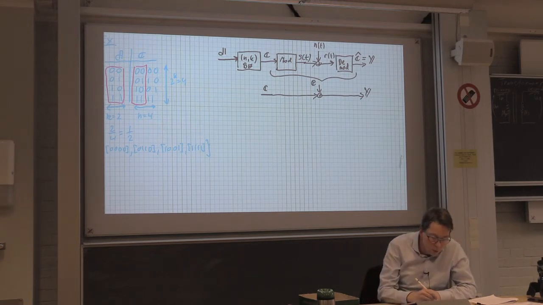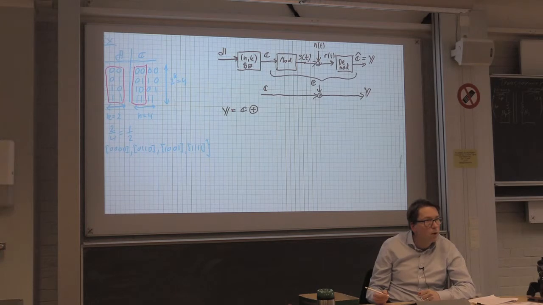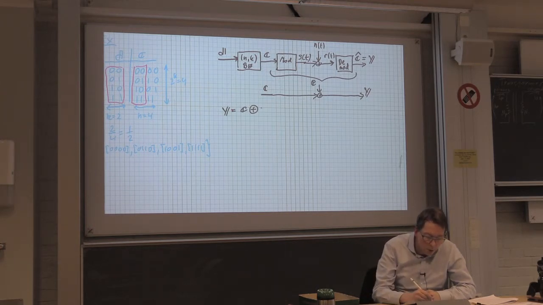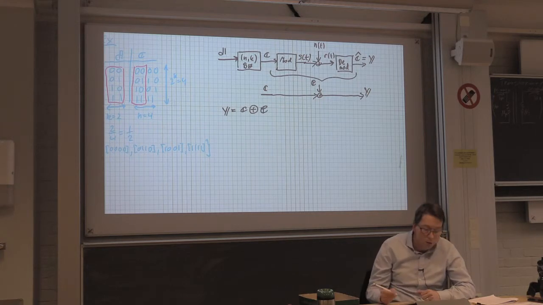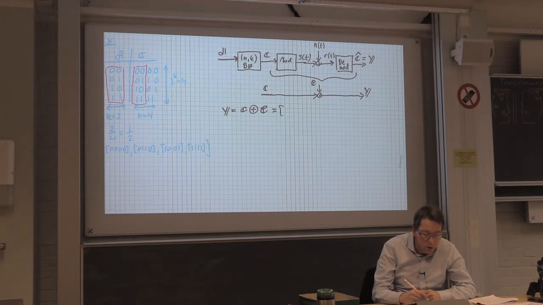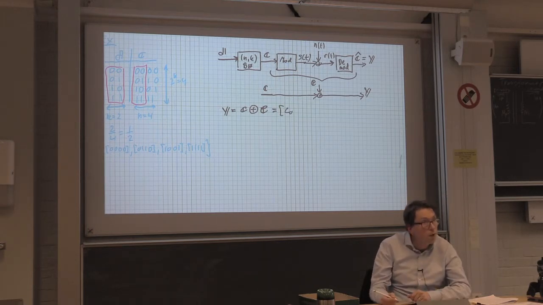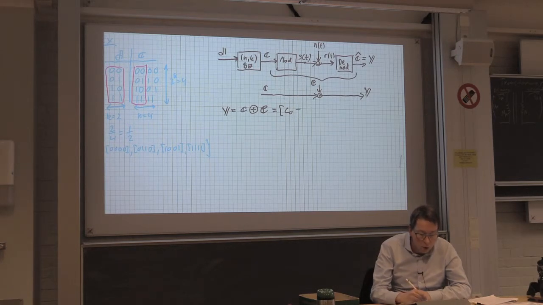So the output Y is equal to the input C plus circle plus, or XOR, or modulo 2 addition, with some error pattern E. So what does this mean? Well, it means that Y is a binary vector whose first element is the first bit of the code word, modulo 2 added to the first bit in the error pattern, E0.